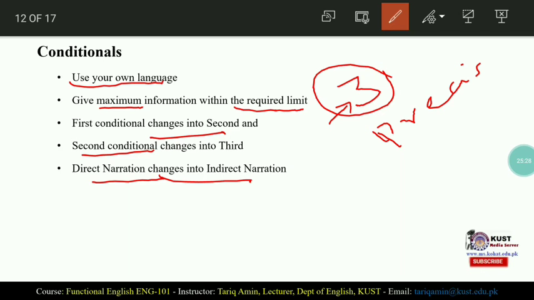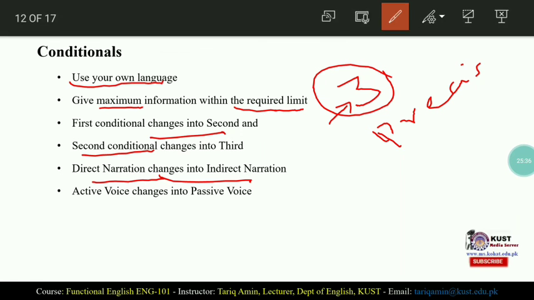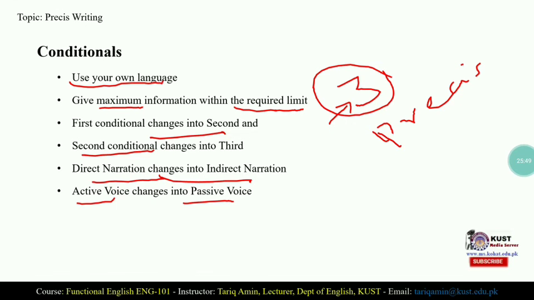You should know them. So, to summarize, direct narration changes into indirect narration. Active voice into passive voice. Tariq broke the door. It is active voice, whereas its passive voice would be the door was broken by Tariq. So active voice changes into passive voice in précis.